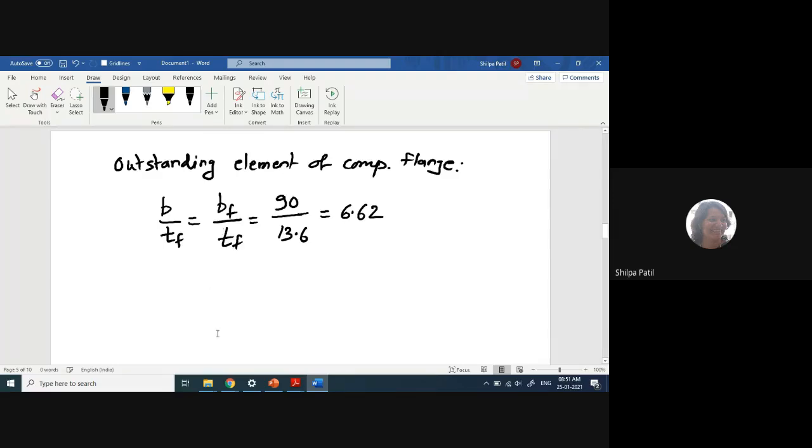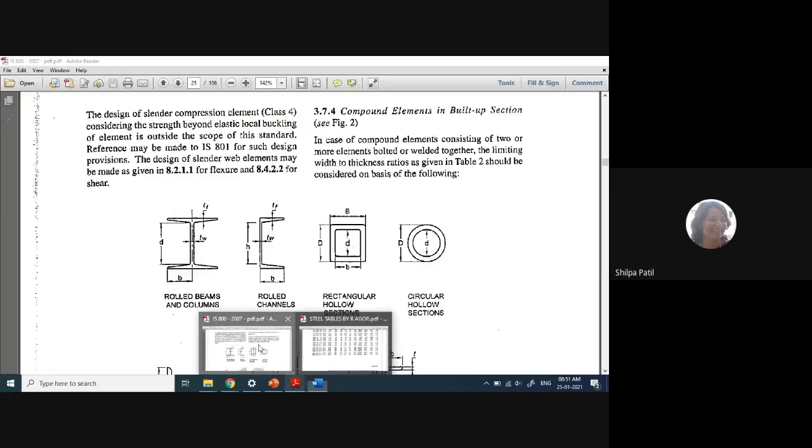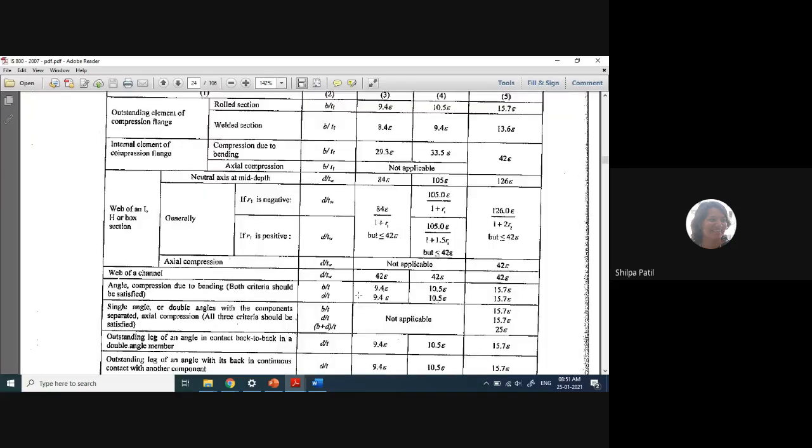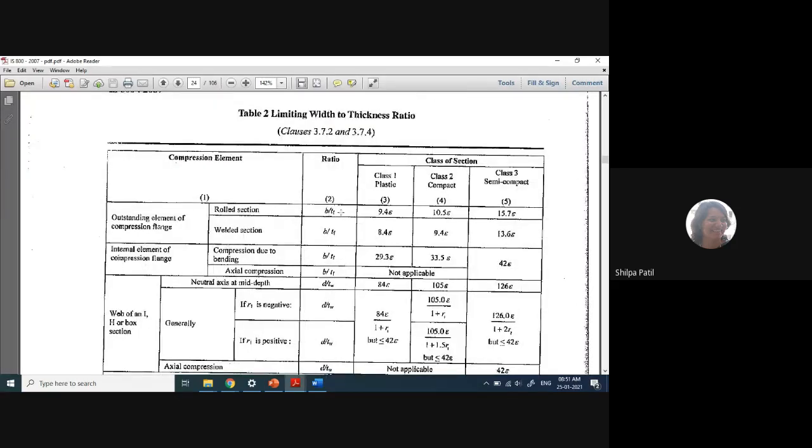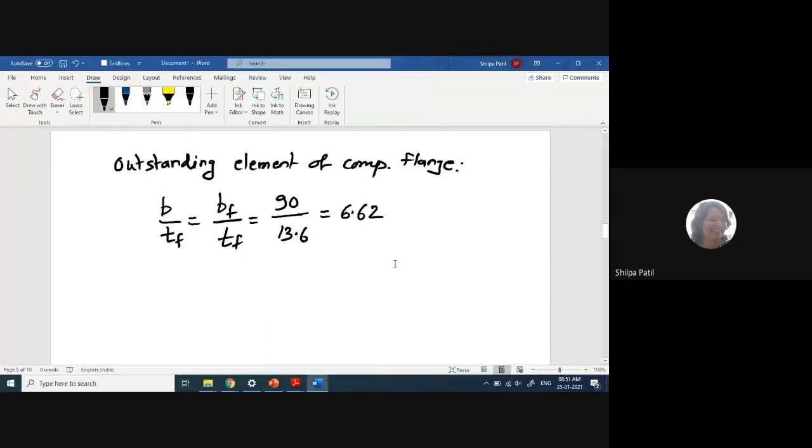Let us compare this value with the given limit in the code. This is outstanding element of compression flange, B by TF. The value is coming as 6.62. Now this value is less than 9.4 epsilon, so the class of the flange is plastic.